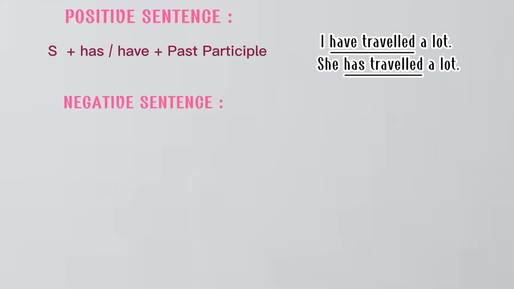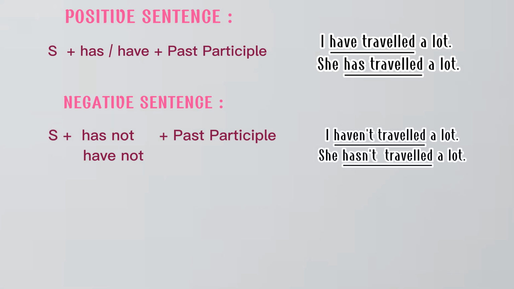Now let's have the negative structure. Subject plus has or have followed by not plus the PP or past participle. So for example, I have not, or I haven't for the short form. So we say I haven't traveled a lot and she hasn't traveled a lot.